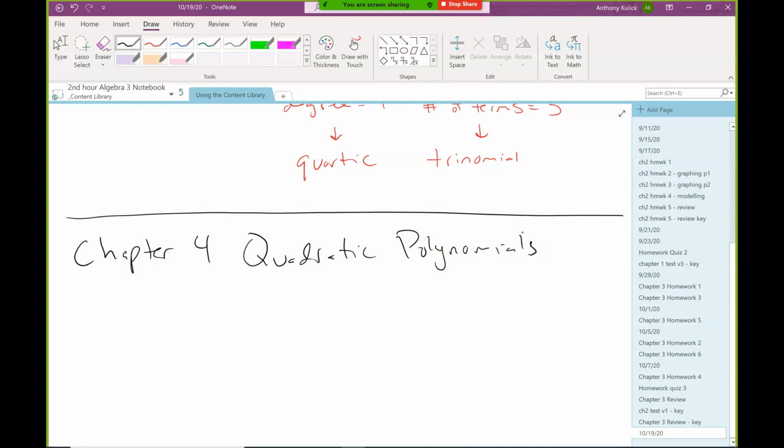Okay, so quadratic polynomials. That's what we're going to be talking about. We're going to spend this chapter focusing on skills: simplifying, solving, and graphing.